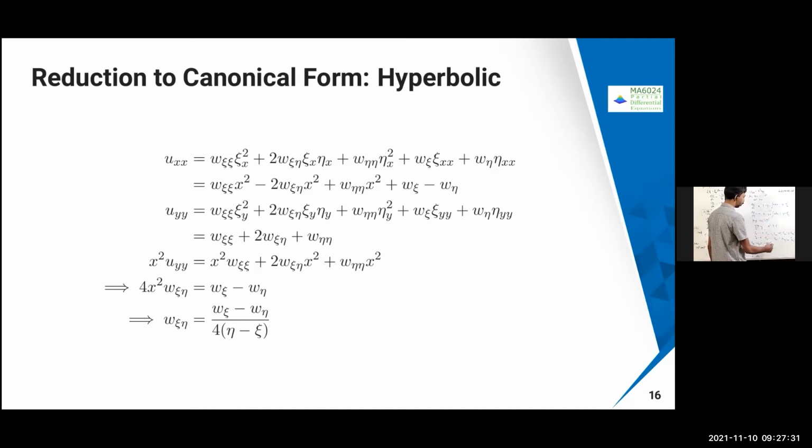Then plus w eta eta times eta x square, which is x square.